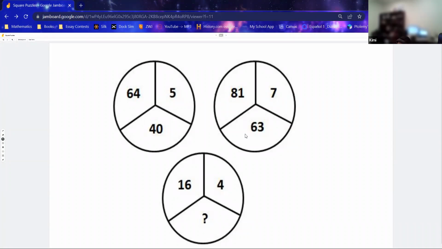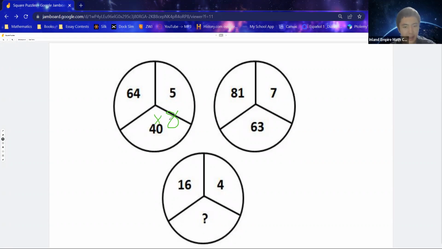It could be 4. How come? I was guessing. How about this? What is the relationship between 5 and 40? Right, you multiply by 8. And what is the relationship between 8 and 64? 8 times 8 is 64.